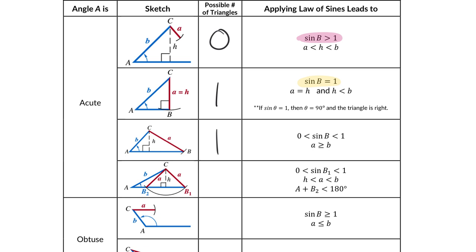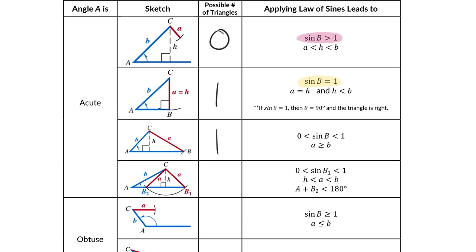However, if we have that sine of B being between 0 and 1, and a is longer than the height but smaller than b, do you see that there are two triangles here? We could close this triangle here, or we could make this triangle here. So there's two places where side length a would still connect and close this triangle.